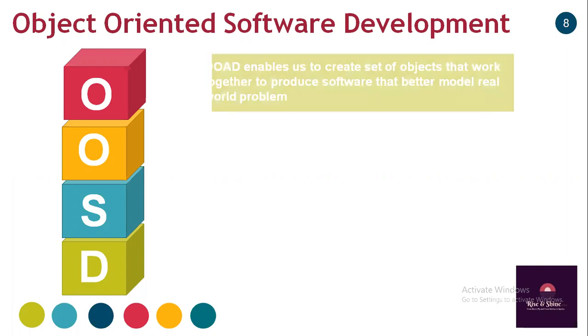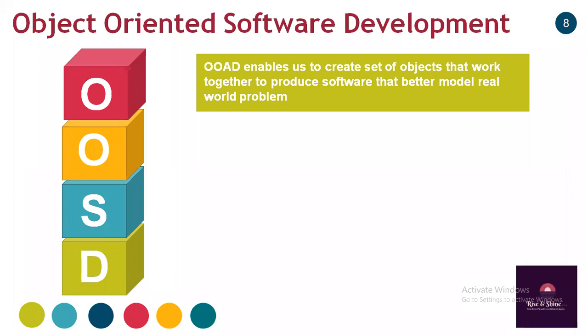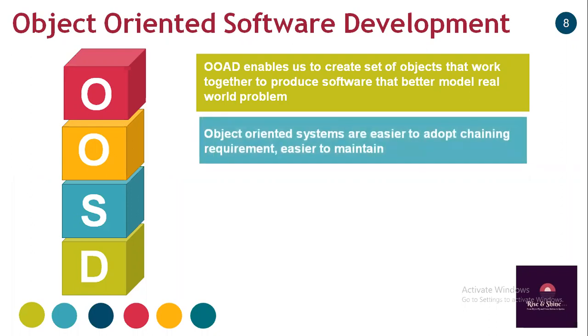So what do we mean by this object-oriented software development, or OOSD? OOSD or OOD enables us to create a set of objects that work together to produce software that better models the real world problem. Object-oriented systems are easier to adapt to changing requirements and easier to maintain.